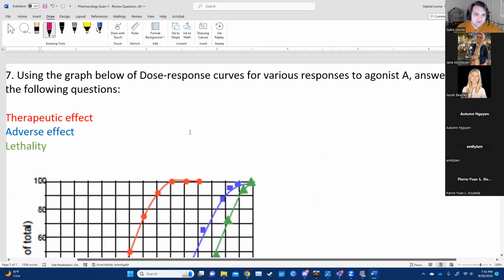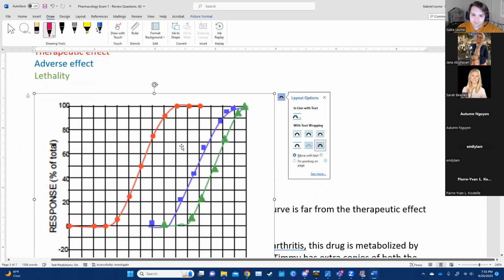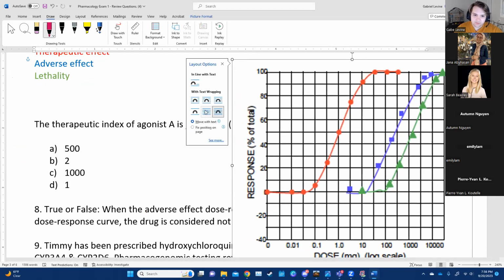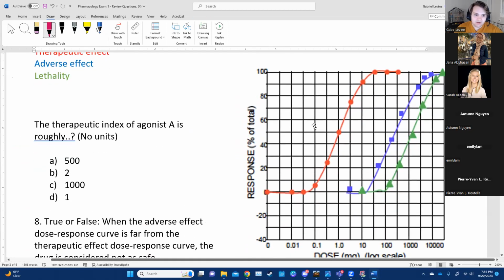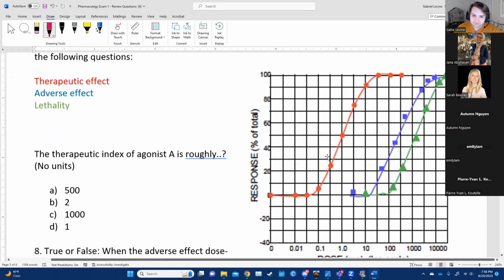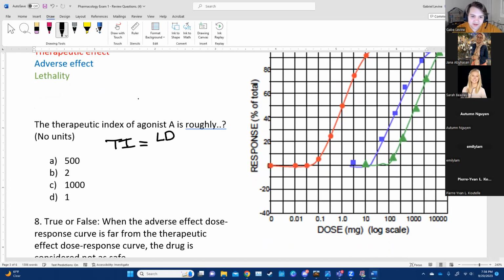All right. Use the graph below of the dose response for the following questions. The therapeutic index of agonist A is roughly blank. Does anybody remember the formula for therapeutic index? Exactly. Therapeutic index is equal to the LD50 over the ED50.